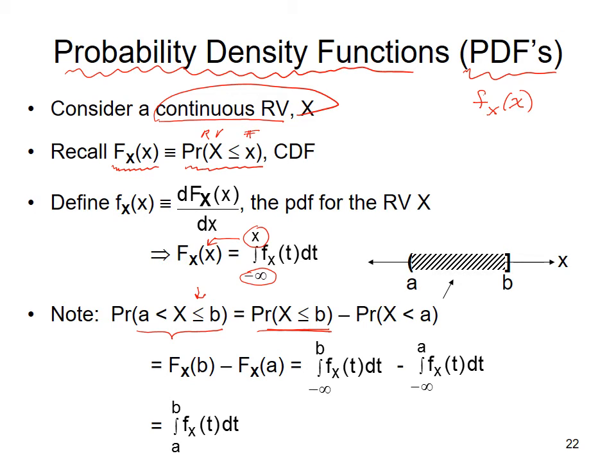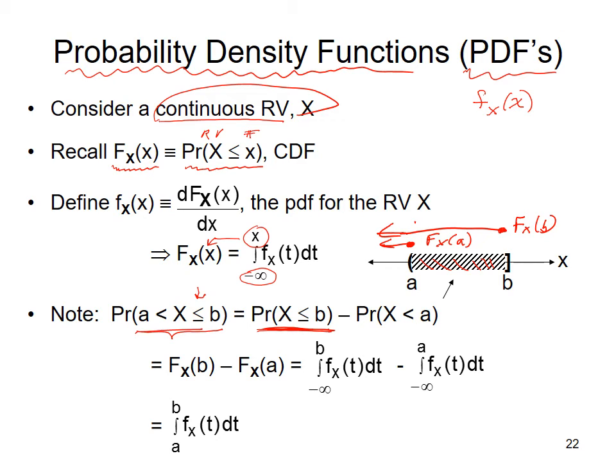I want to include the B, so I take all the probability x less than or equal to B, all the way over, that's Fx of B. Then I subtract off all the probability left of and including A, capital Fx of A, and then I get the probability between A and B, where I'm including the B and not including the A.